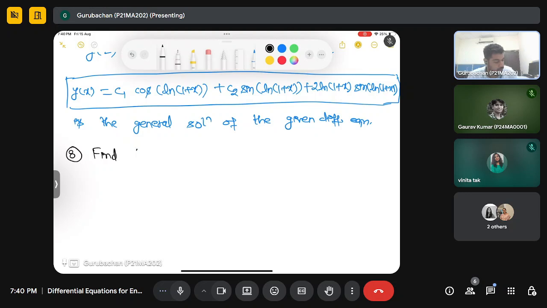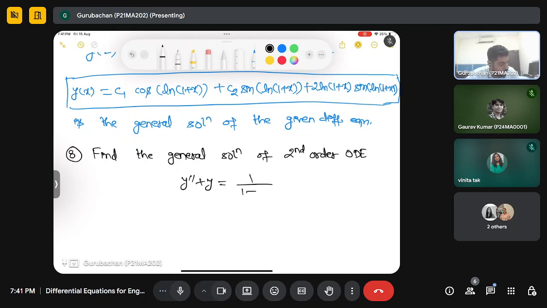Find the general solution of the second order ODE y double dash plus y is equal to 1 by 1 plus sin x, by the method of variation of parameters.